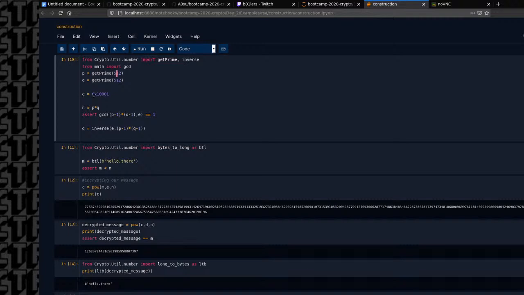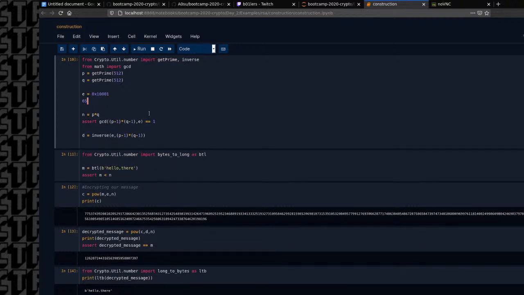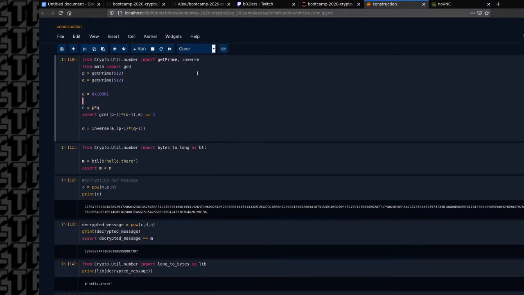I chose e here to be this value, which I believe, if I remember correctly, is 2 to the 16 plus 1. It's a prime number used quite frequently in RSA because it's a good balance between speed and security.